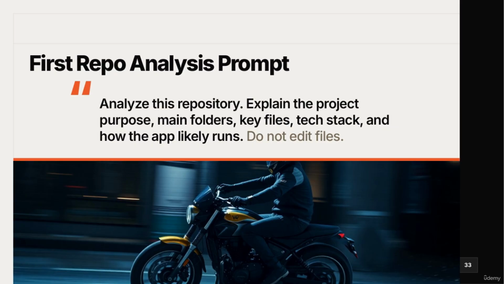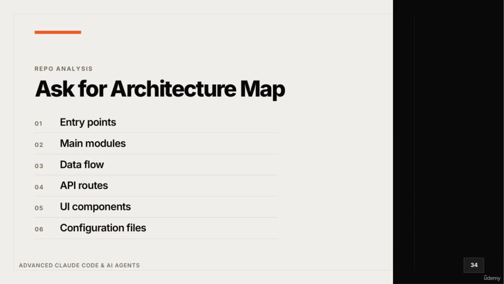Here, we're focusing on repo analysis, which is essential for understanding the structure and functionality of our code base. The first step is to ask for an architecture map. This gives us a clear overview of how everything is organized and interrelated. Next, we identify entry points in the application. These are the places where the user or external systems interact with our software.